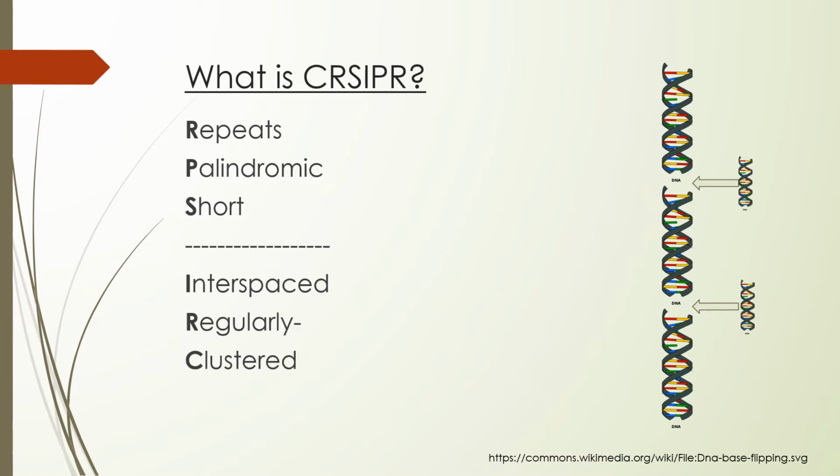And each of these unique spacer DNAs are regularly, the letter R, regularly interspaced in between the repeated DNA. And lastly, these are all C, clustered, as in everything is clustered all together into what is called a CRISPR array.